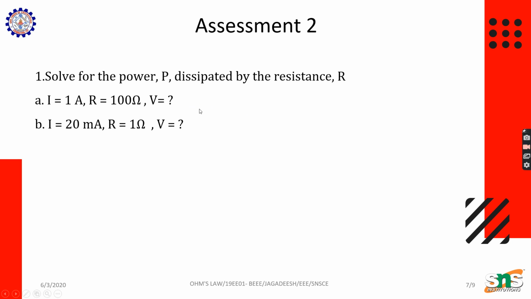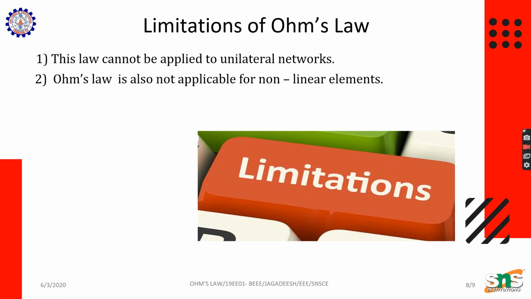I missed the powers here, but after finding the voltage, you can use the power formula applicable to you, either I square R, V square by R, or V into I. The power dissipation in the line can be calculated this way. This is generally how Ohm's law can be applied in a circuit.